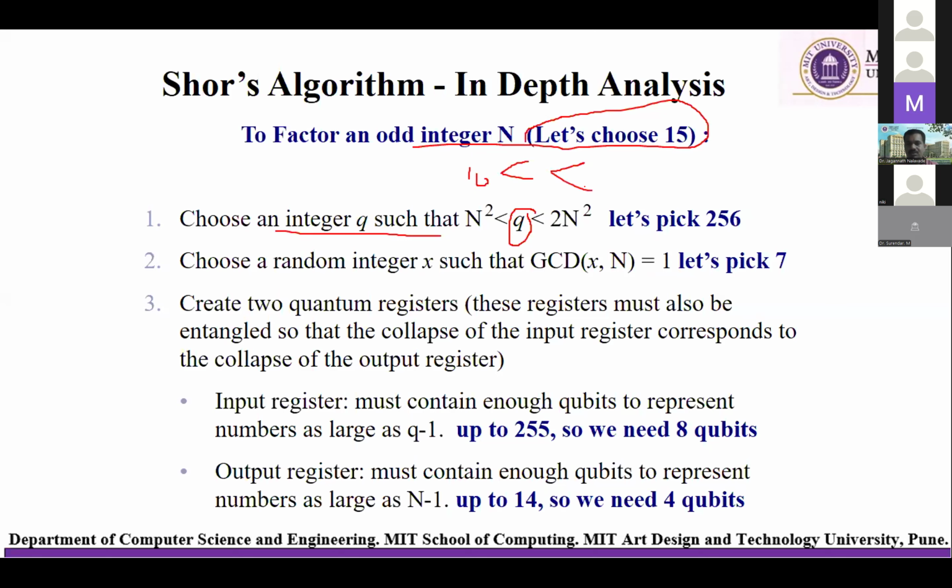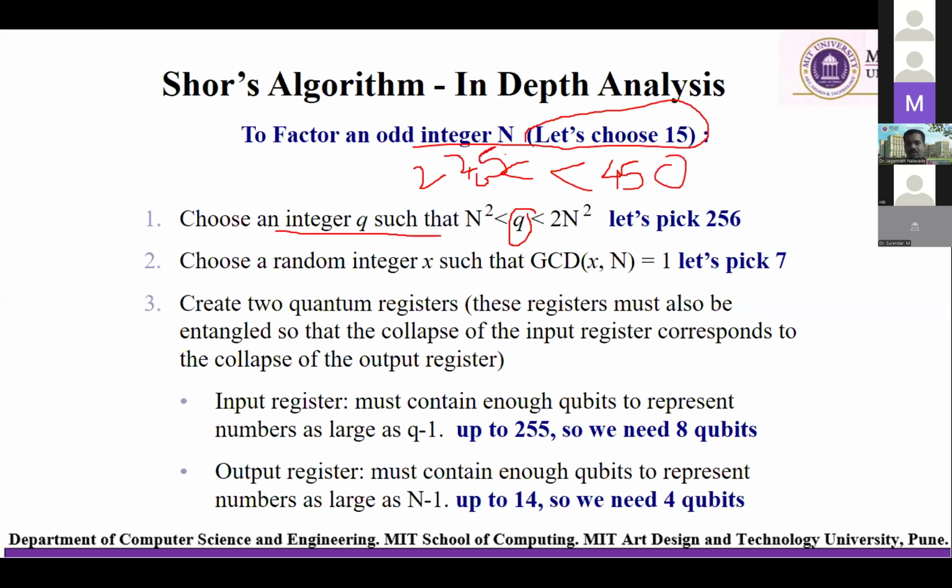Then q, we have not yet decided the q. This n square is 225, and 2n square means it is 450, 2 into n square.